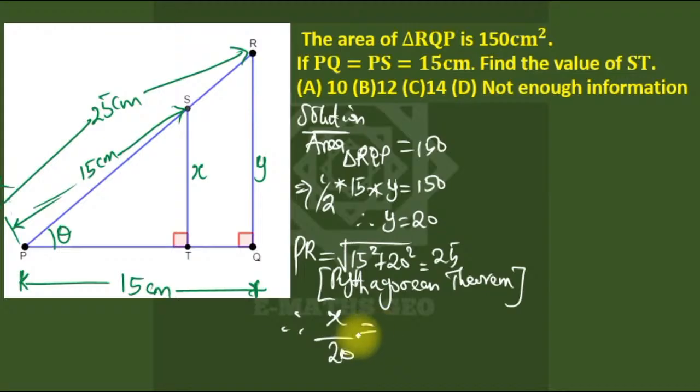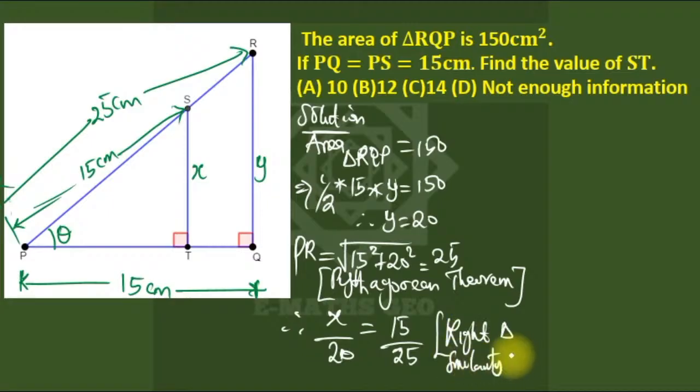It is equal to, okay, the hypotenuse here is 15, equal to the hypotenuse of the big one, which is 25. Yes, by the triangle similarity theorem.